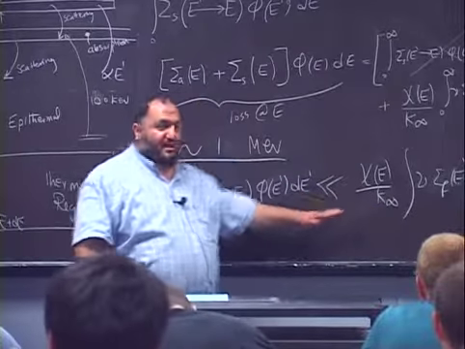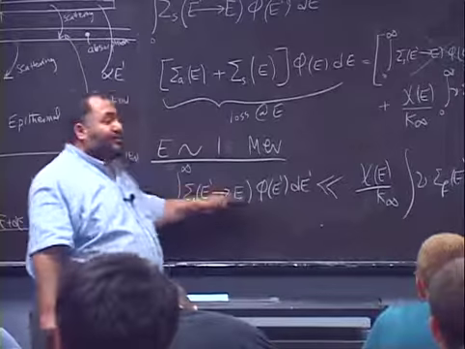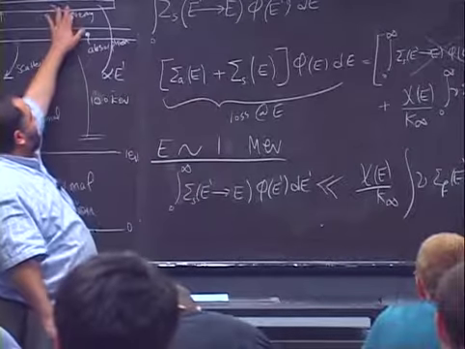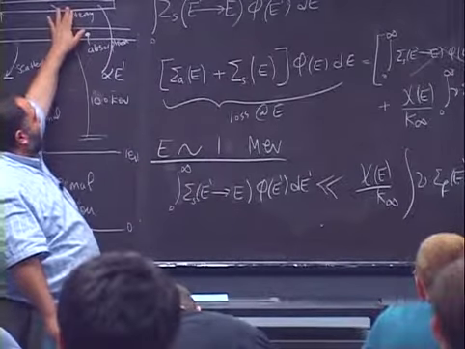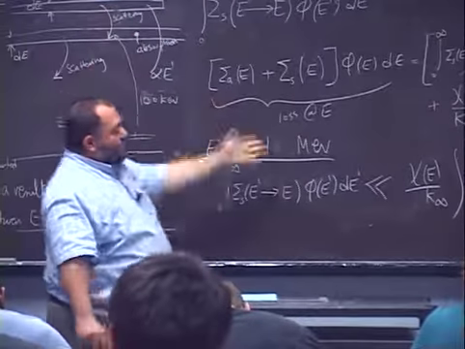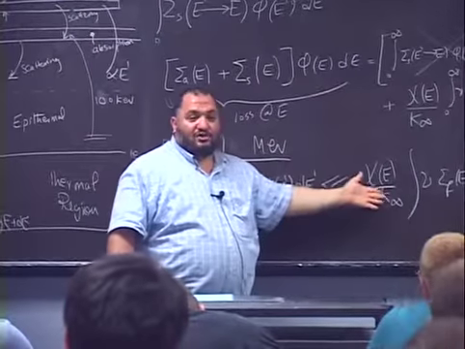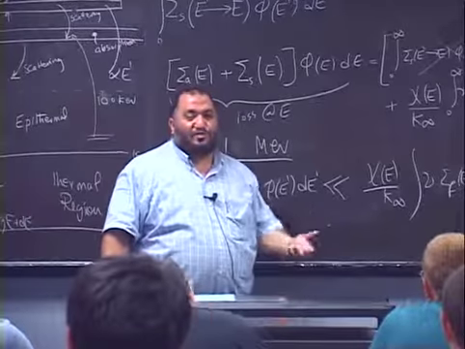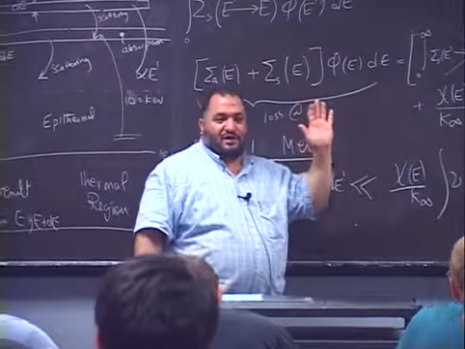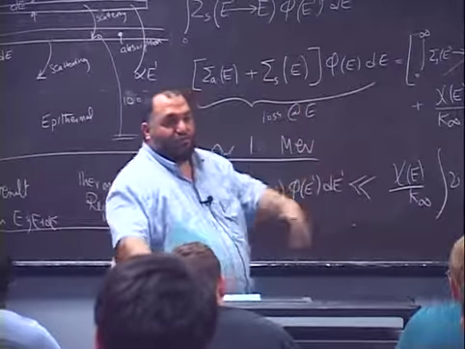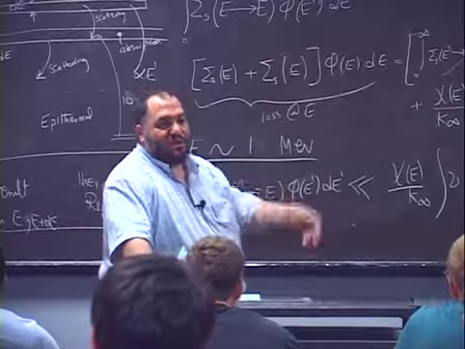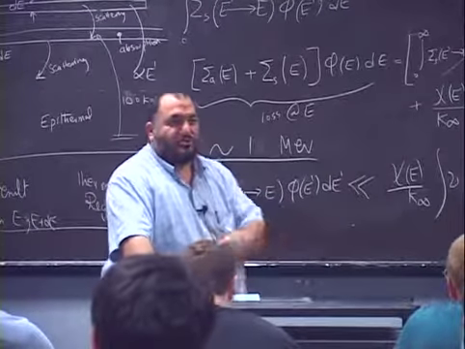My outscattering from this energy here, which is very high at 1 MeV, is less important than my fission source at this energy. And this is true at very high energy. At very high energy, whatever you produce from fission is more than what you lose through scattering.